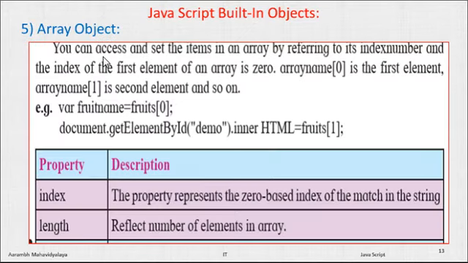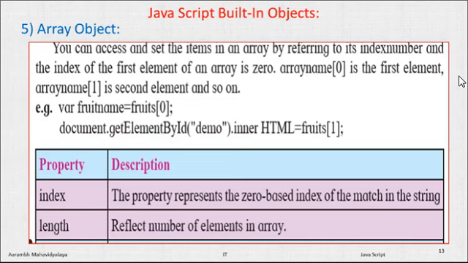Then you can access and set the items of an array by referring to its index number, and the index number of the first element of an array is always 0. That means an array starts with the value 0. If we define an array of 10, then it ranges from 0 to 9.